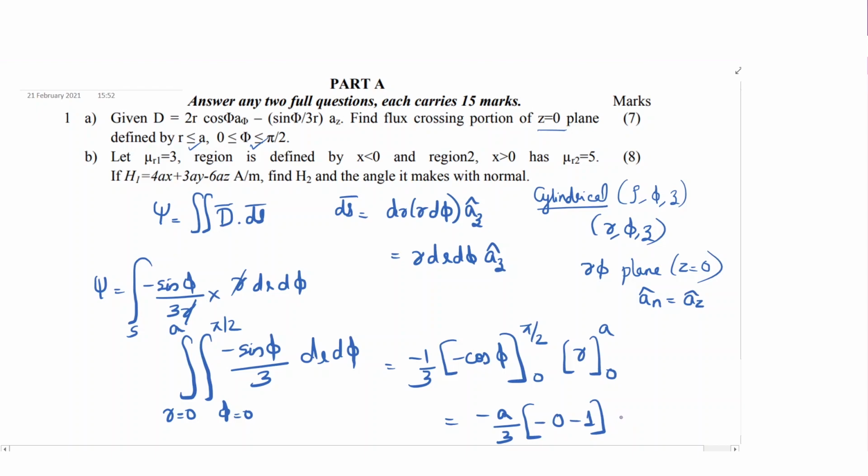So that will be cos 90, that is 0, minus minus 1, that is plus. So because of this you get the value as minus a by 3, and this is the value for the flux. So minus a by 3 Weber. So that is the answer to the first part of the question.